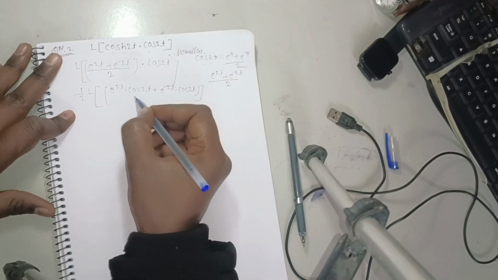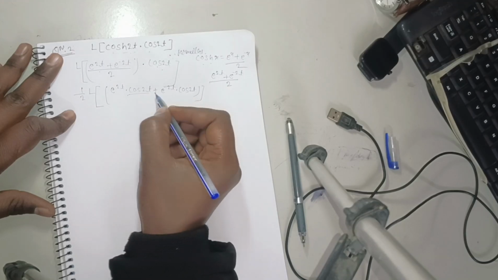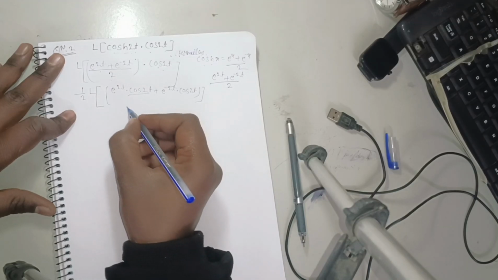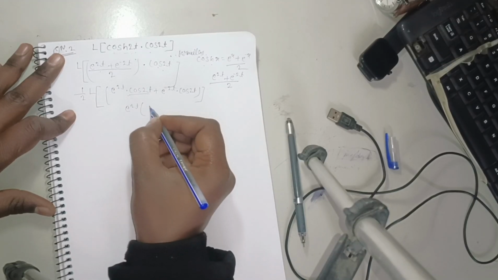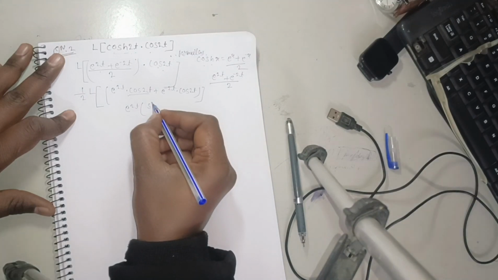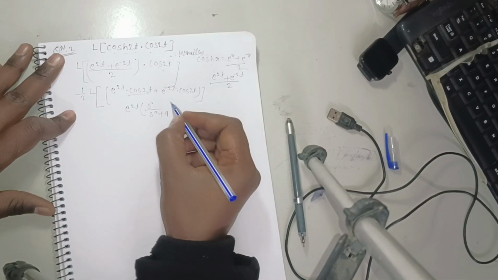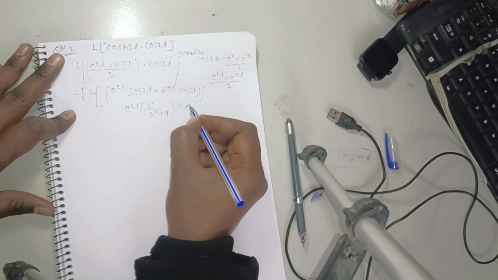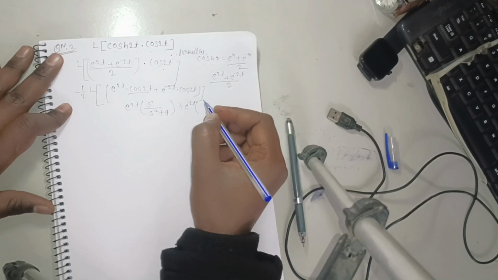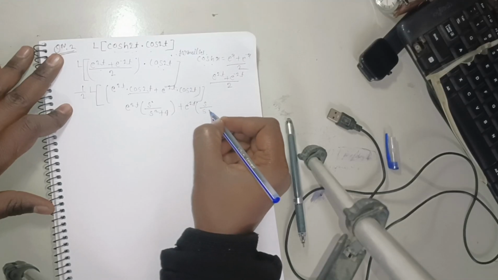So now I can simply find the Laplace of cos 2t, that is s upon s square plus a square. So e to the power 2t as it is, s upon s square plus a square. a is 2, so 4, plus e to the power minus 2t, so cos 2t, so s upon s square plus 4 again.